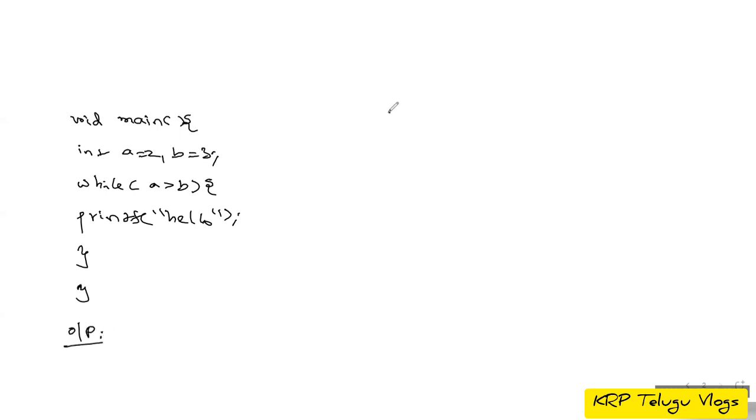And the same thing I will give for do while. So void main, int a is equal to 2, b is equal to 3.